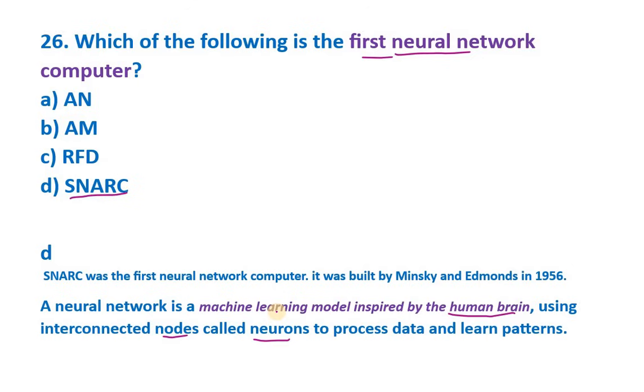The human brain is, of course, very powerful. Humans invented all these things. So how the human brain works, what the different neurons are, how they are connected, and what the pattern is, computers are now being developed based on that model. That is a neural network, related to the human brain. Just remember this: neural network computer, related to the human brain. What is the name? SNARK. That much is required for you.